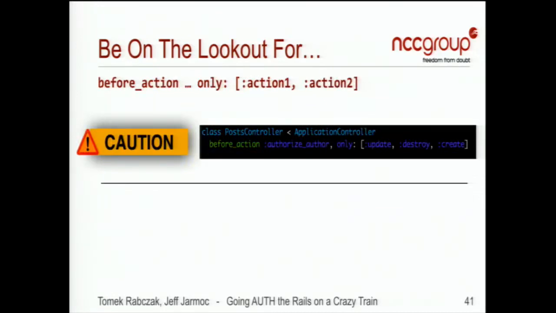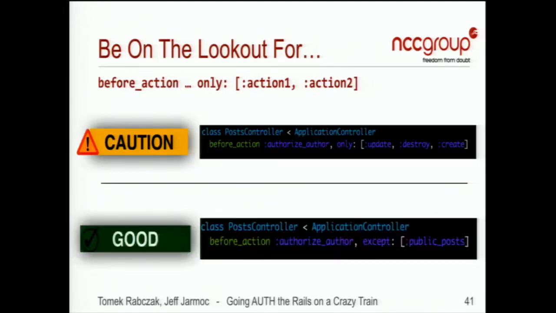Whitelisting when using before actions. In this array, you're saying for the update, destroy, and create methods, call the authorized user method. But then you have a developer that might come in, add a new action to the post controller, and forget to add their action to this array. That's going to create an authorization flaw.